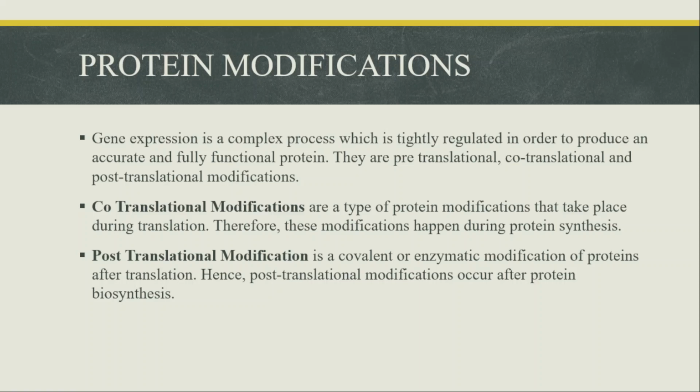The post-translational modifications are covalent or enzymatic modifications that happen after the translational process. And these modifications can add additional variations and diversity to the type of proteins our body can produce. And this has been termed as proteome.